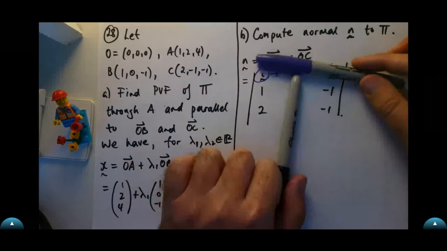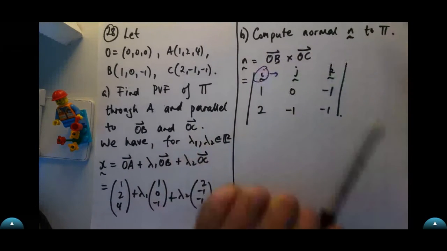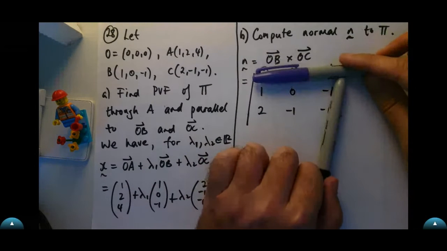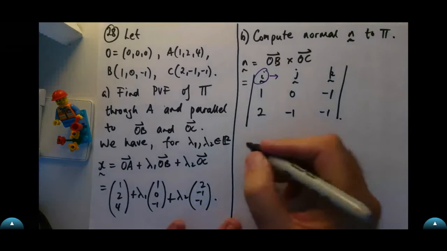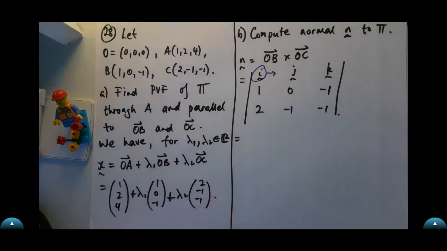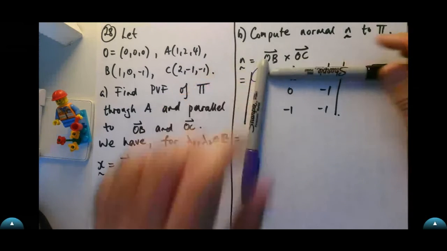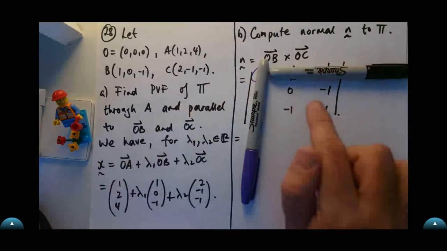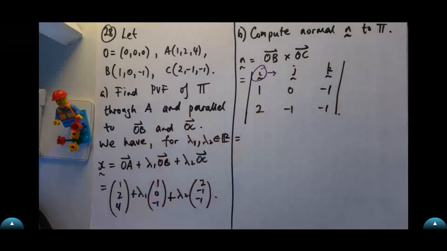Then you move over here, you compute that and the determinant of what's left. And then you move over here, you cover that, and you compute the determinant of what's left. You may do it in different ways, but that's the way that I like to do it. So it's going to be i times the determinant of this. So that's 0, and that's going to be -1.